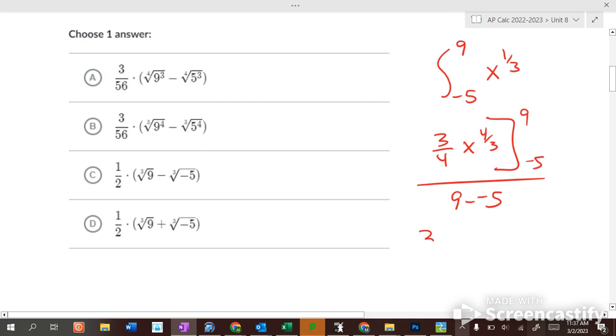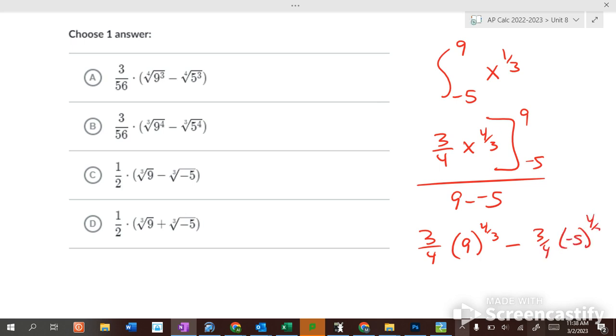So it's 3/4 of 9 to the 4/3 minus 3/4 of -5 to the 4/3 all over 14.